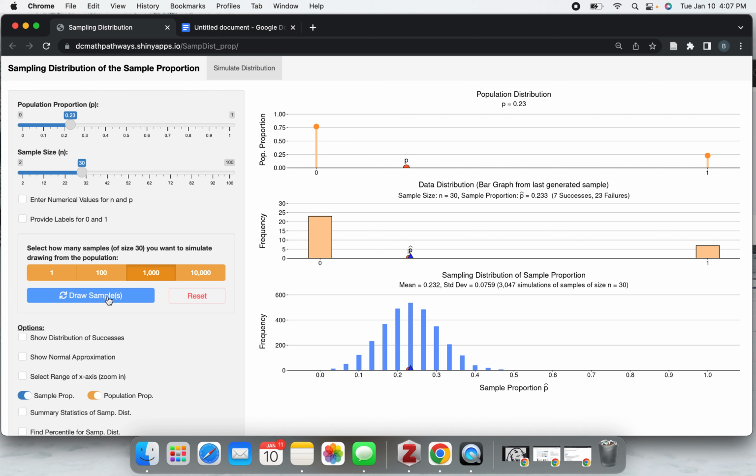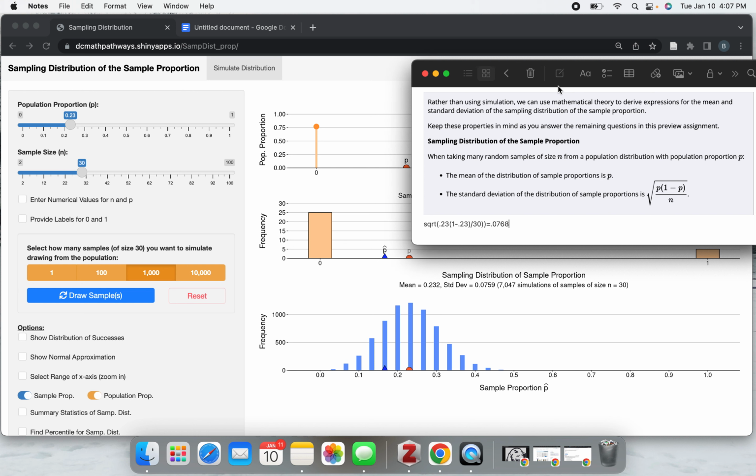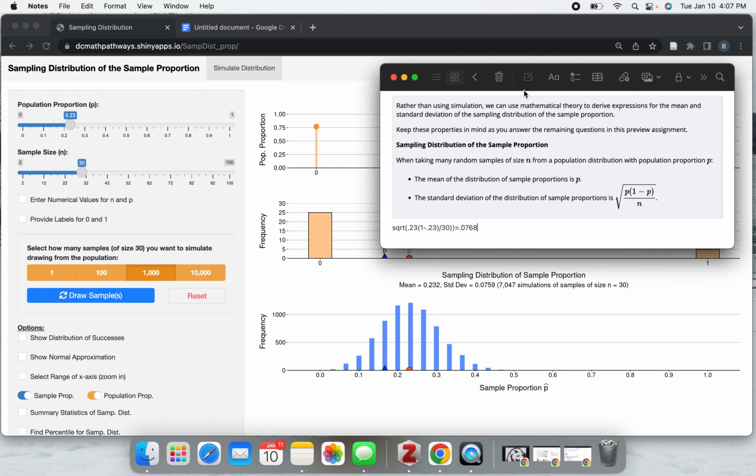And you can see as you keep taking them, it's going to get closer and closer to what we found before. So you can see we end up getting 0.076 here, which is the same as the 0.076 in our theoretical version. So that is how sampling distributions work for the sample proportion.